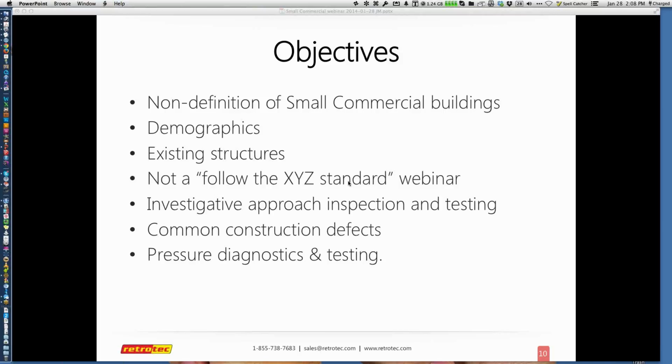But that's mostly if you're starting out of the ground. Mostly today is about what we are doing with existing structures. We're not following a specific standard or protocol. It's more of an investigative approach: some common defects and basic diagnostic procedures on how to isolate one structure from another.